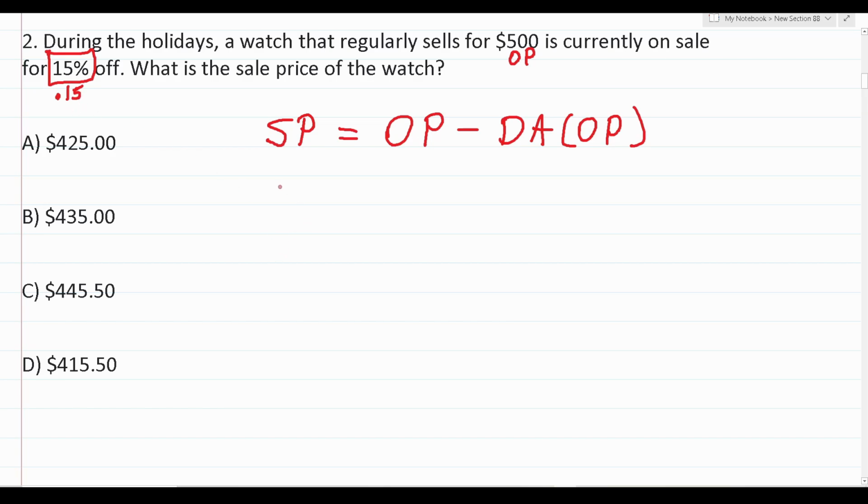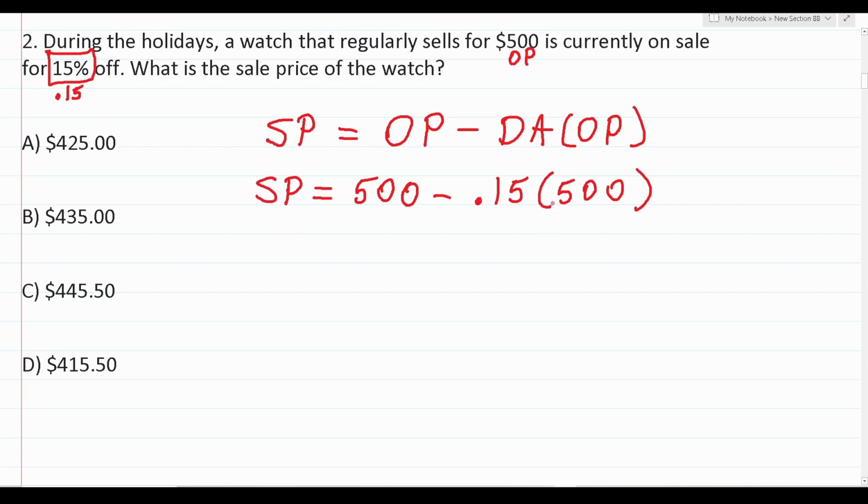All right, so let's plug both of those things in. We have sales price equals original price, that's $500, minus discount amount, that's 0.15, times the original price, again, that's $500. And by doing this simple arithmetic right here, we'll figure out what the sales price of this watch is.